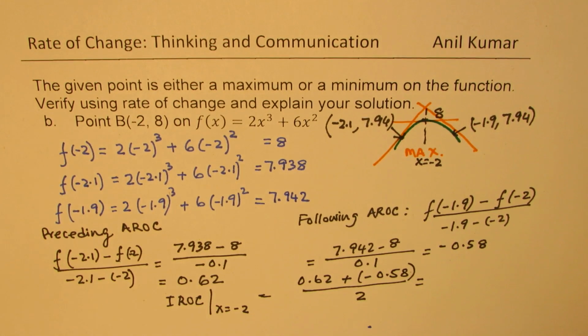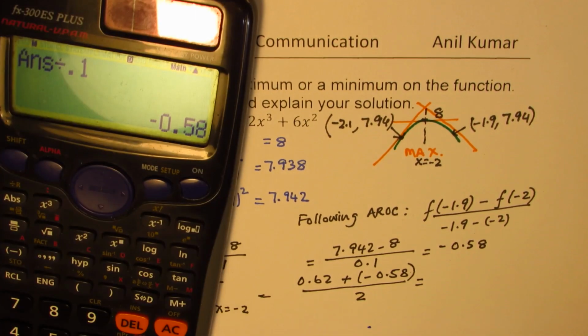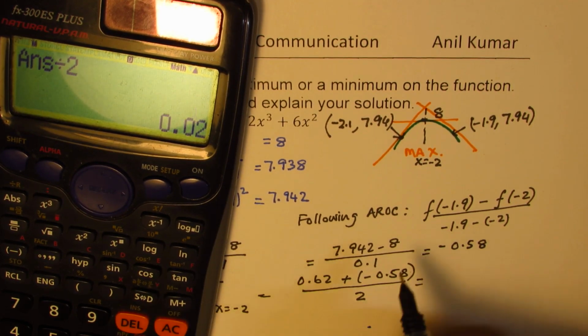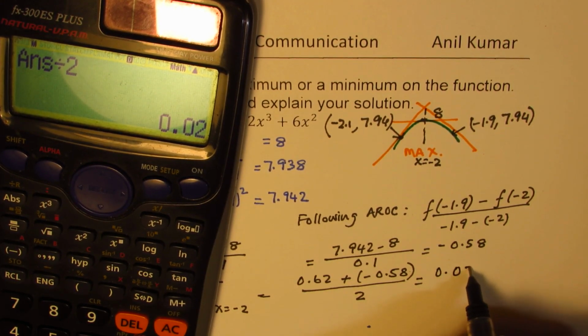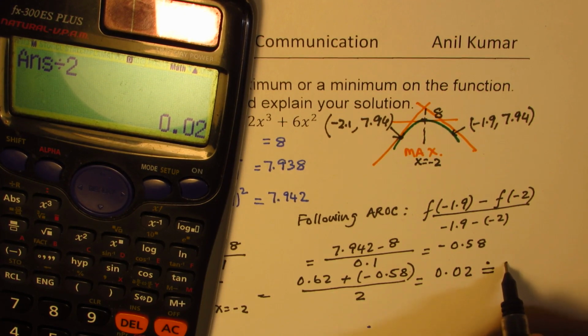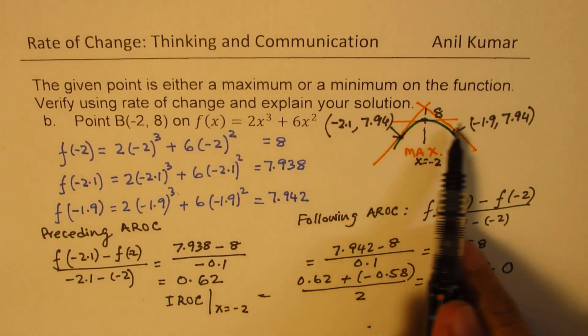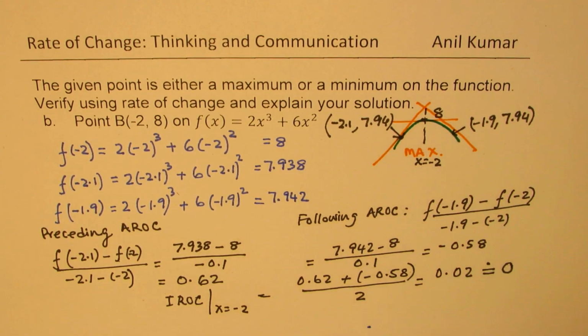The decimal value is 0.02, which is approximately equal to 0, correct? That means it's a horizontal tangent at this place.